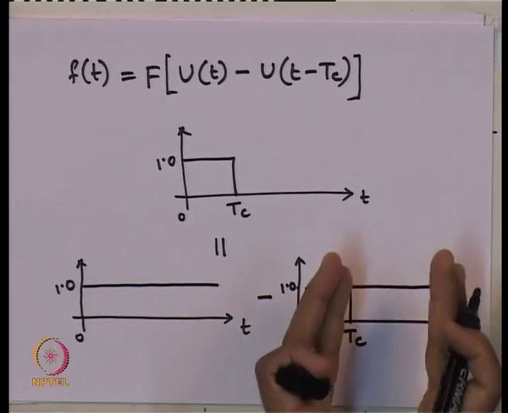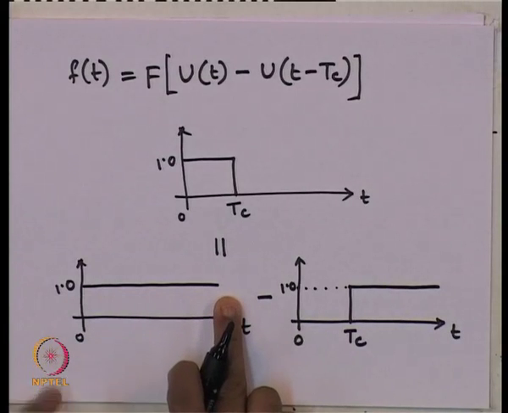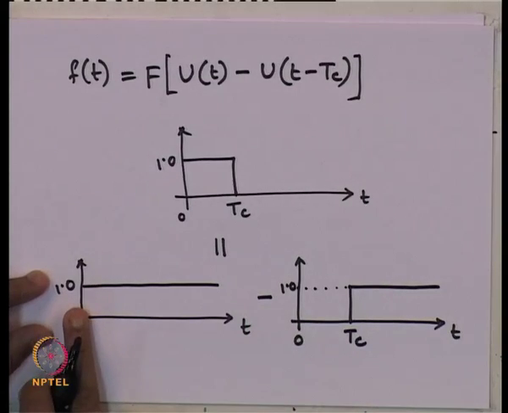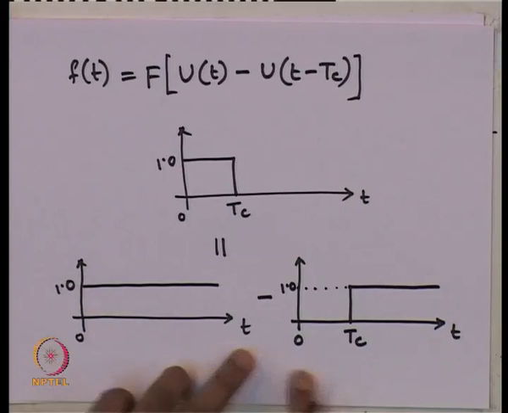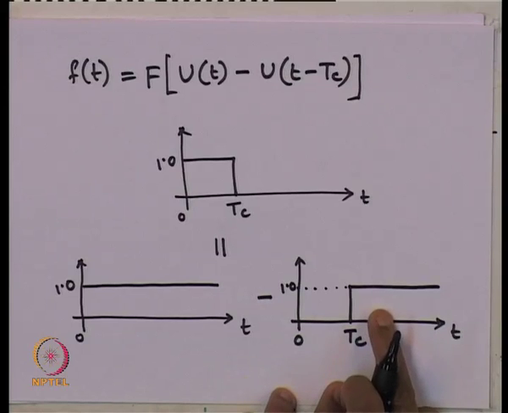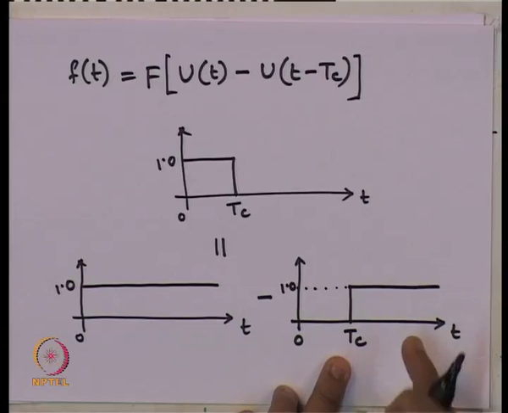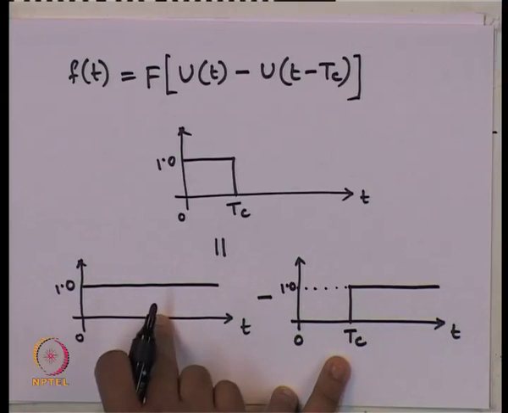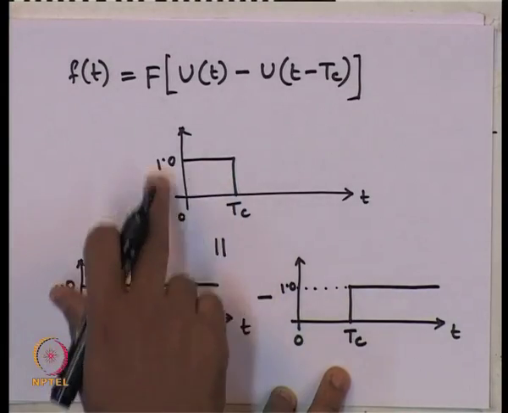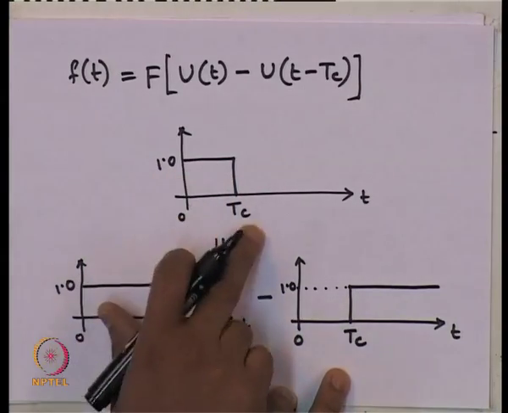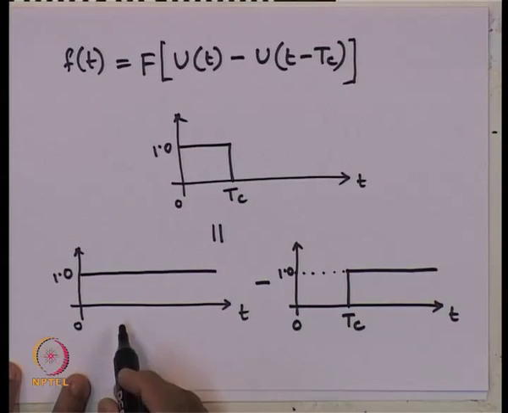Fine. If you superimpose this on this, we are deducting from a constant unit load, which is acting from t equals 0 to infinite time, a constant load which is starting at t equals T c, which will give us this, that is a constant load acting for a finite time. And in terms of Heaviside step function, what is this?